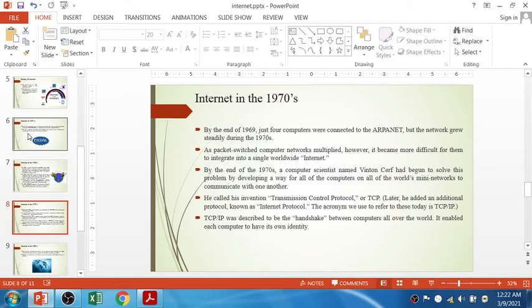So we know this protocol as TCP/IP, the acronym we use today. TCP/IP was described as a handshake between computers all over the world, and it enabled each computer to have its own identity.